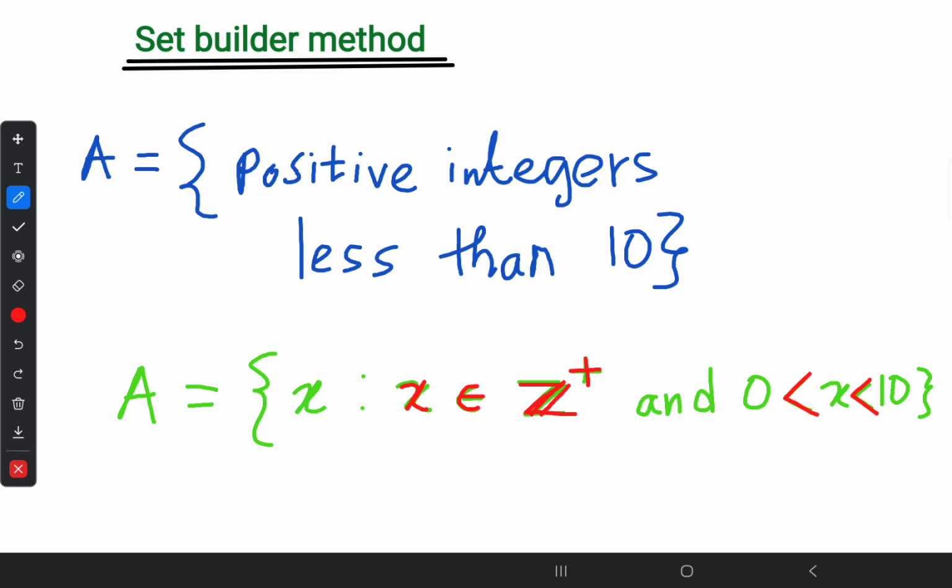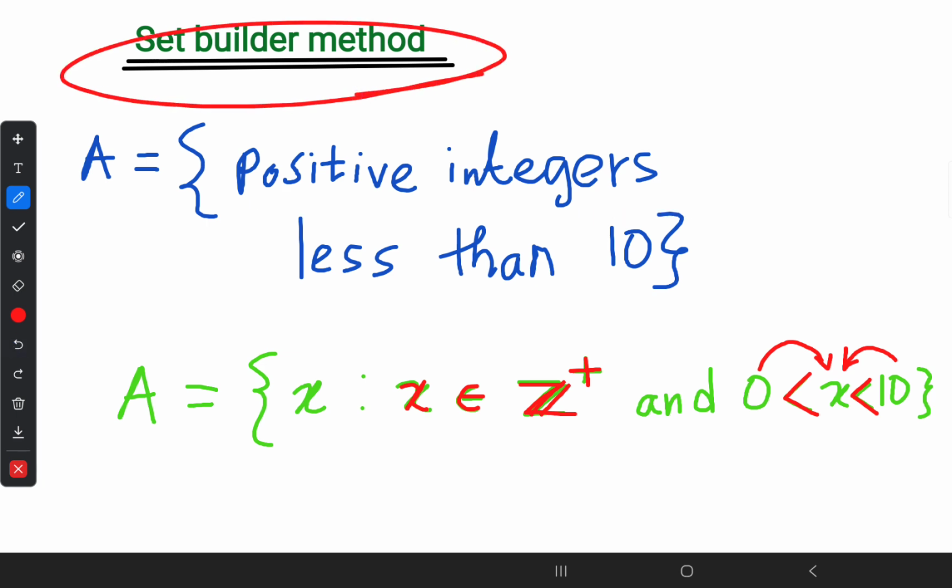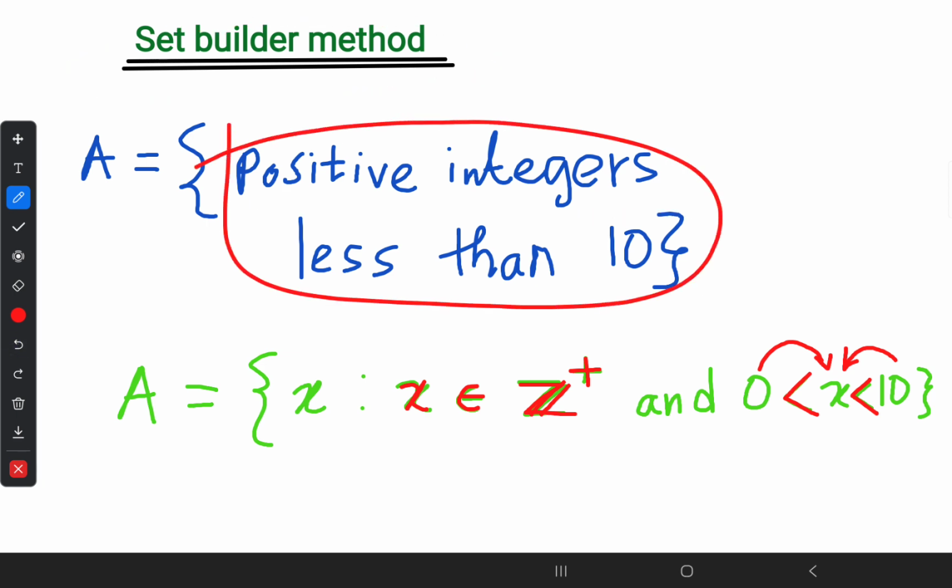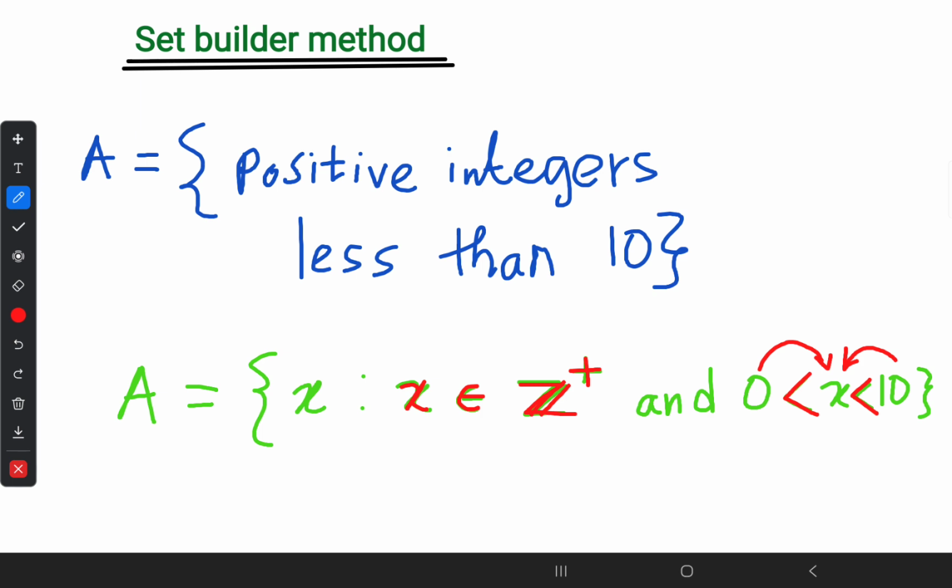That means greater than 0, less than 10. So these are the characteristics of a solution for the set A. We denoted it in a description, and you want to denote it in set builder method. So instead of writing this, by observing it you have to create something like this. The characteristics of a particular set's solutions should be denoted in mathematical terms.